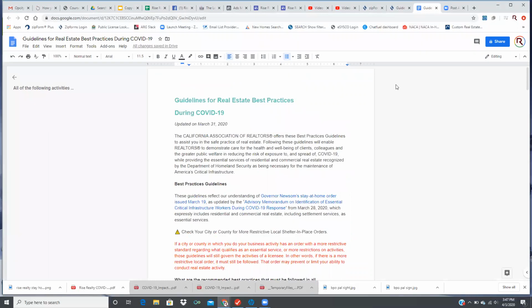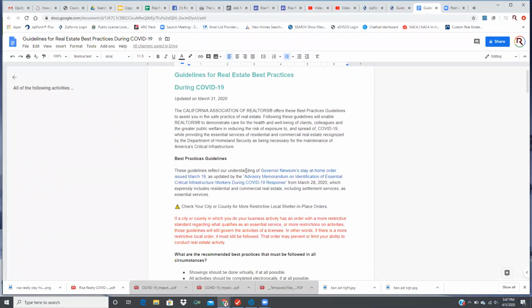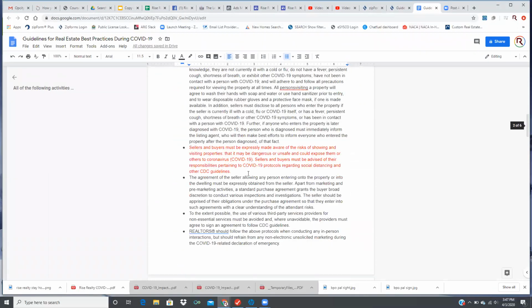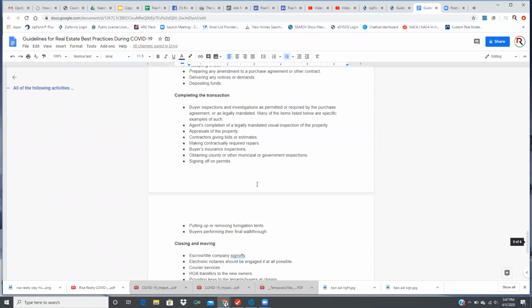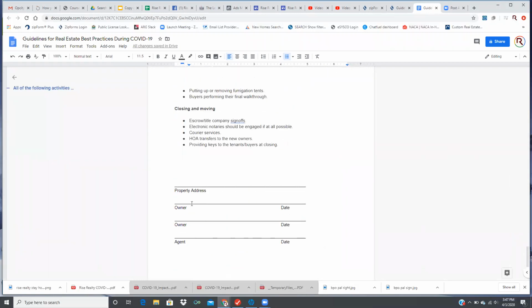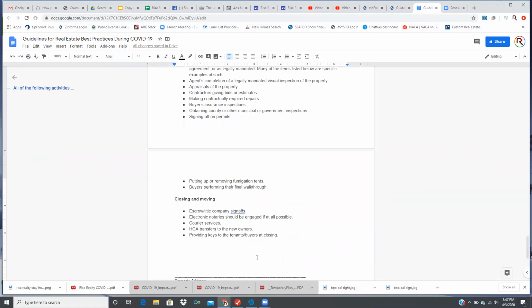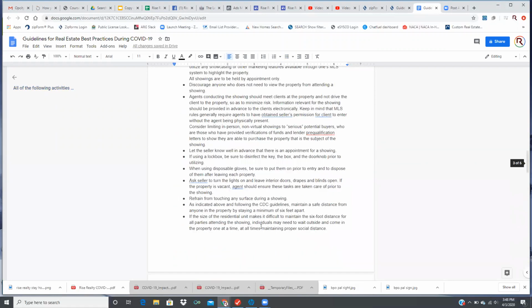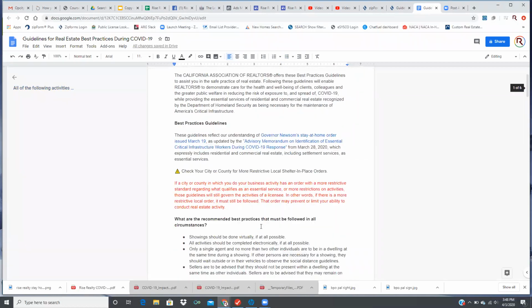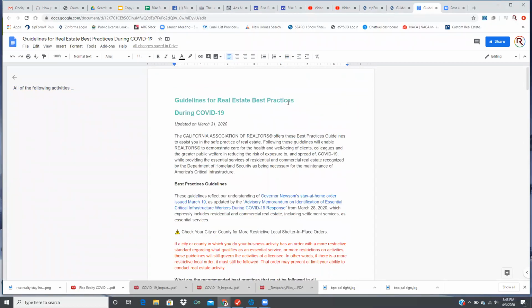I did make it into a PDF format here that I'll share with everyone. And I threw just a little acknowledgement down here. If you want to have them sign that they acknowledged it, that they read and understand the guidelines set forth by C.A.R for conducting a transaction while shelter in place is in effect. So I'll share this out as well.